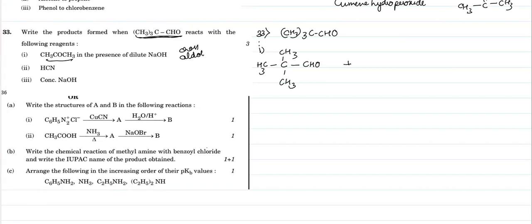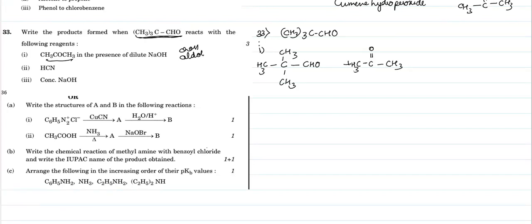You have a ketone which has 6 alpha hydrogens, whereas the aldehyde does not have any alpha hydrogen atoms. So this is going to be a cross-aldol condensation.